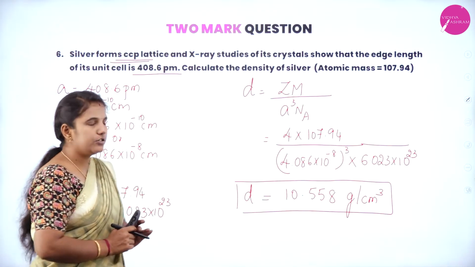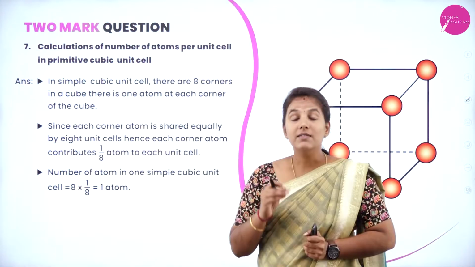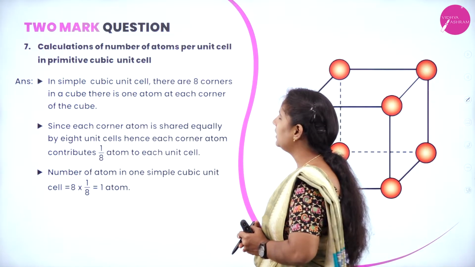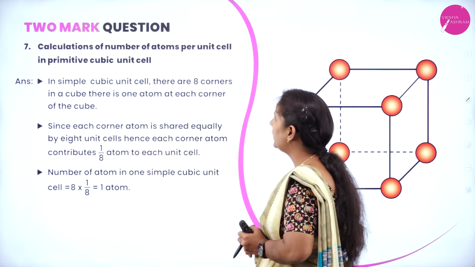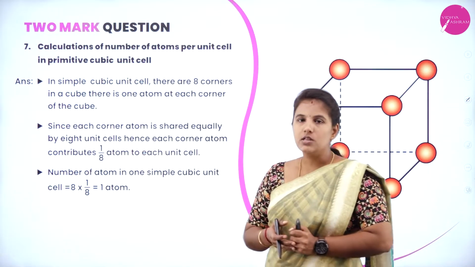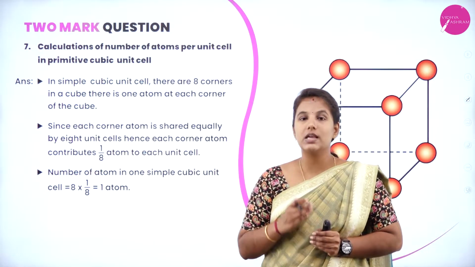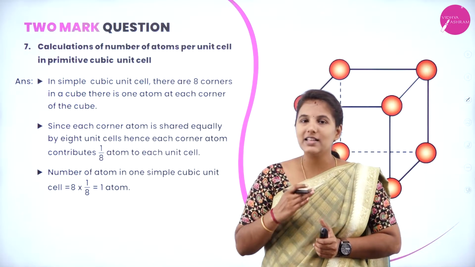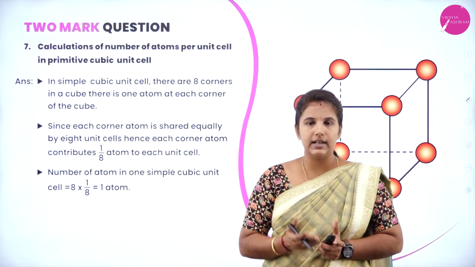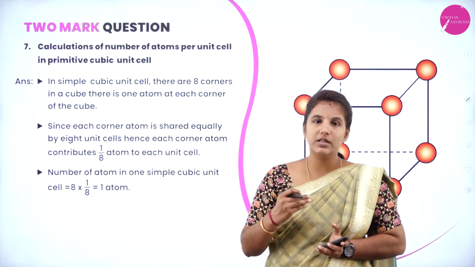So, just substitute into the formula and get the 2 marks easily. We'll see some more 2 mark questions. Okay. Calculation of number of atoms per unit cell in the primitive cubic unit cell, whereas in the BCC, whereas in the FCC, it is very important to know the calculation of the number of particles, and it is very easy to get 2 marks from this part.